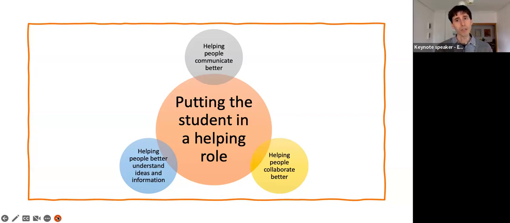They could be helping each other collaborate better. For example, within a group, there could be one student who's making sure that everybody's getting their fair share of time to talk and participate. And also we could have students helping other students better understand something, for example, ideas or information. And that's what I'll be talking about today.